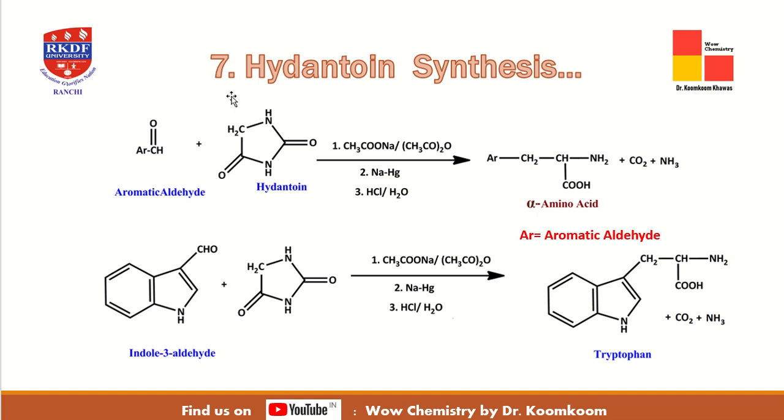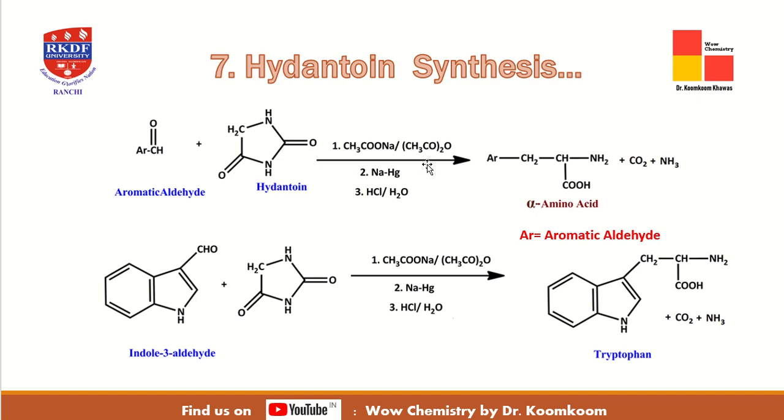The last synthetic method that I have described here is the hydantoin synthesis, a reaction between an aromatic aldehyde and hydantoin, which is a 5-membered ring consisting of two amide groups, in presence of sodium acetate and acetic anhydride.